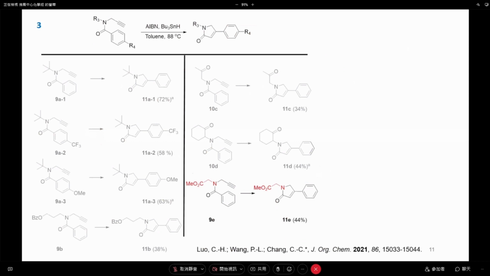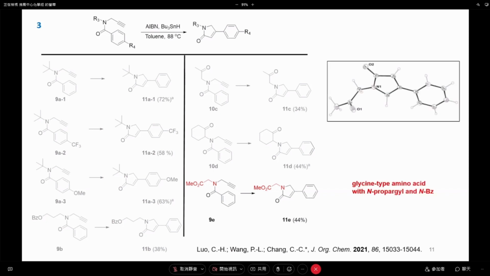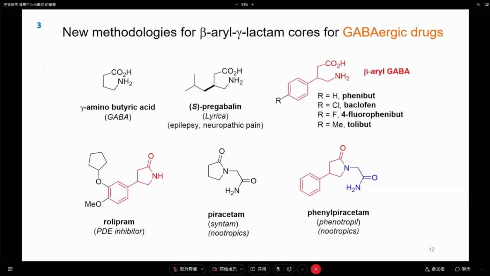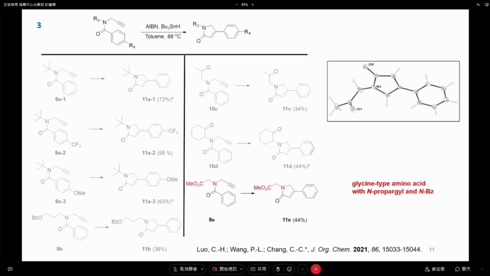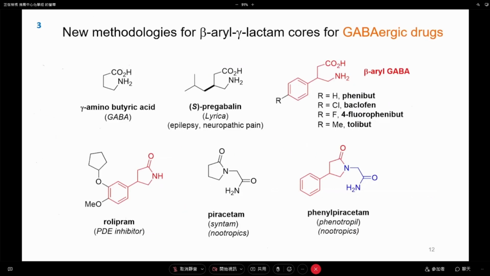Several other intermediates could be prepared, especially this one. As you can see, it's a very glycine-like amino acid, and we have a crystal structure to prove the structure. This is the derivative of GABA.